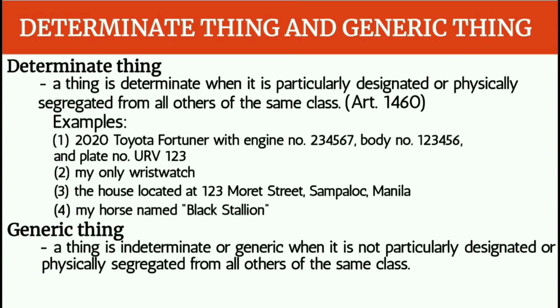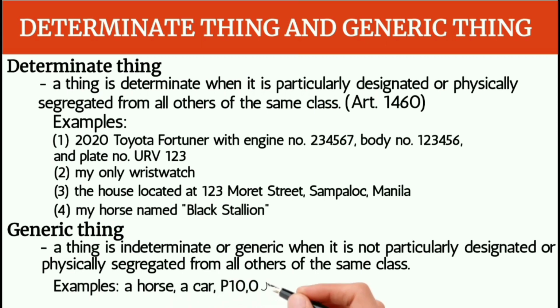Kung yung determinate thing ay particularly designated or physically segregated from all others of the same class, itong generic thing naman ay not particularly designated or physically segregated from all others of the same class. In other words, this thing is one of a class. Hindi siya a specific thing.